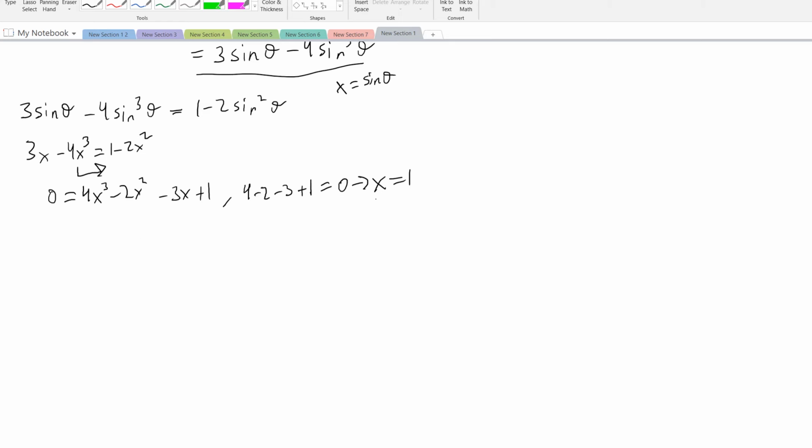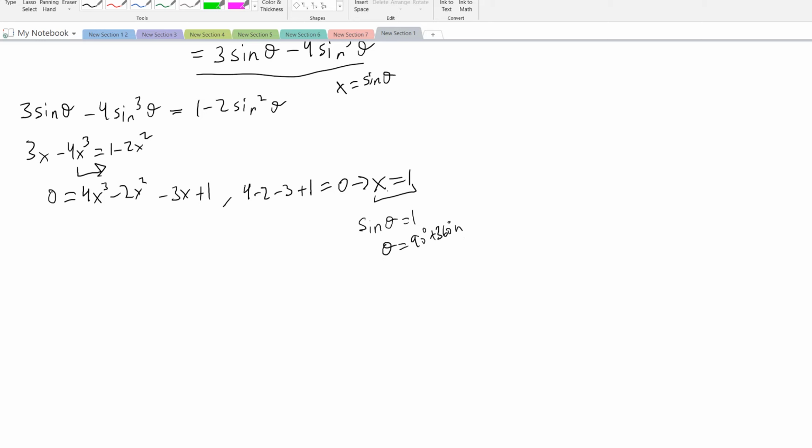So let's try this solution and see if it makes sense. So we've got sine of theta equals 1. But sine of theta equals 1 only happens when theta is a certain type of angle, when it's 90 degrees plus a full circle or more.